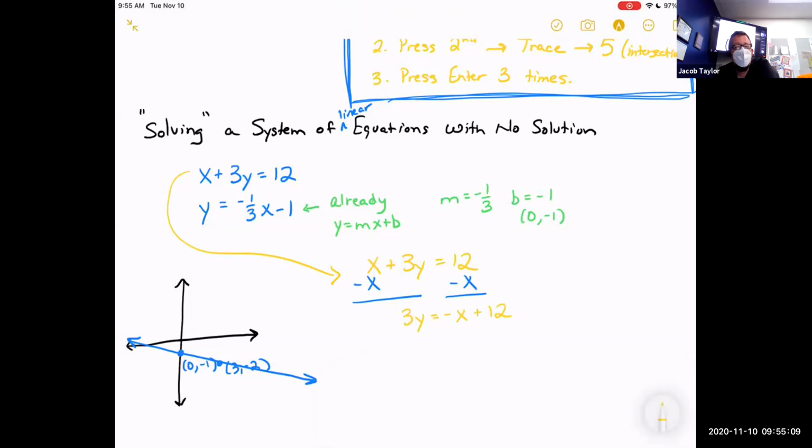It's still not in slope-intercept form, but it's closer. My only problem now is the number 3 in front of the y. How can I get rid of that? Subtraction would work if that was a 3 plus y.